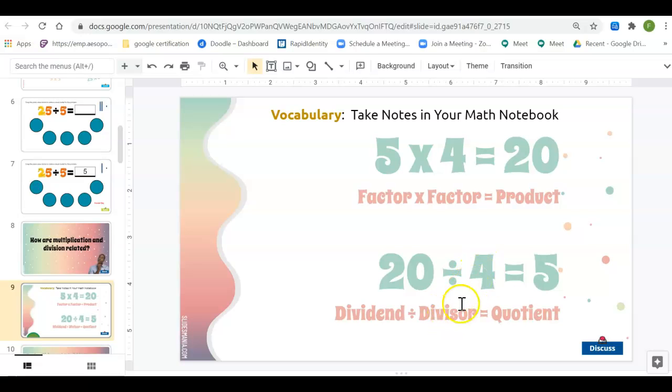So 4 is considered the divisor. And the answer to a division problem is a quotient. So this answer right here is the quotient. So when you write down this entire equation, write down the words underneath it. Pause this video as you need to and write them in your math notebook so you can refer to them as often as you need to.